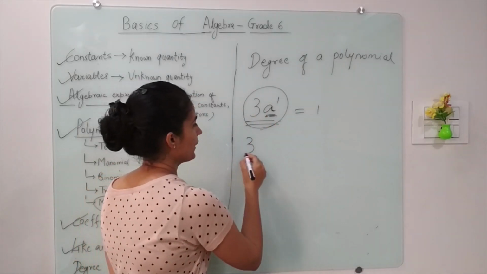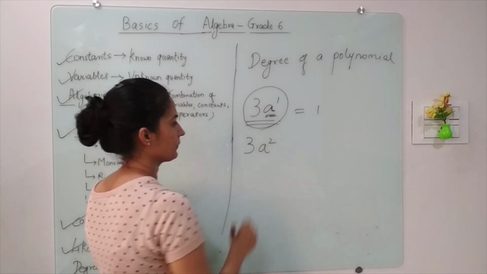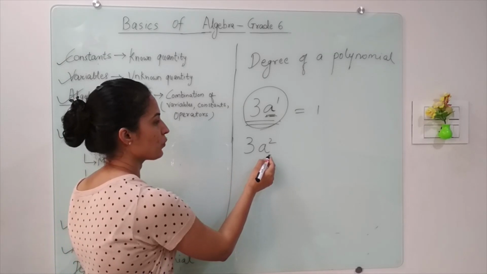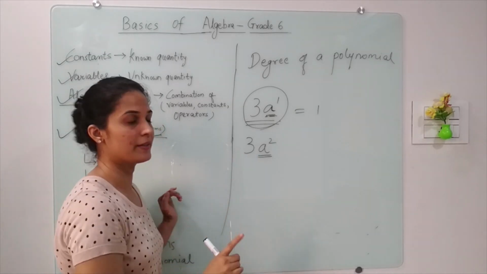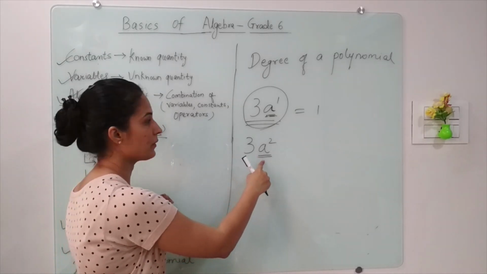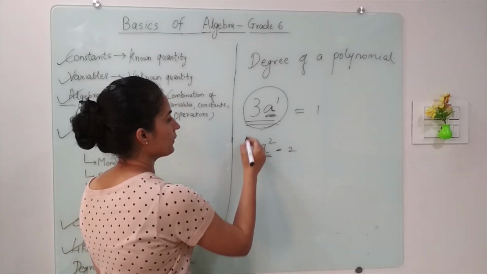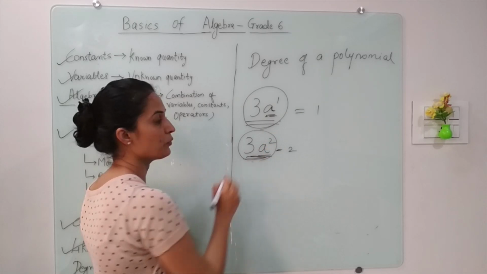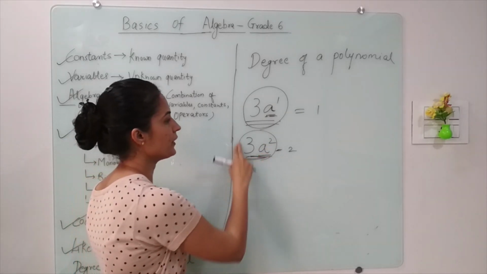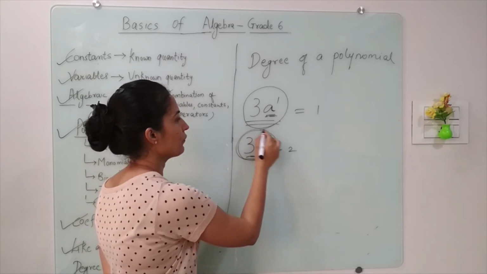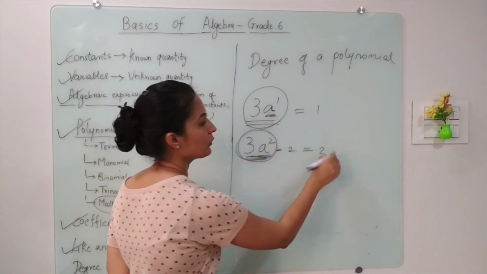Now if I take 3a square, this particular term has one variable a, but the degree of this variable is 2. This is also a monomial. The degree of this monomial or this term is 2. So the degree of this complete polynomial is 2.